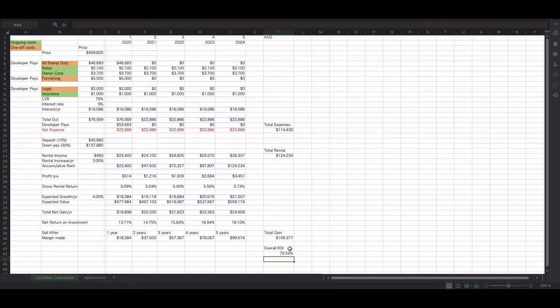So after 5 years, if we sell this apartment, the profit margin that we make plus the cash flow together give us close to 80% overall return on investment. Okay, so that's for the 5 years. Now, if we average this number over the 5 years, it would be something like 16% return on investment every year, which is a huge return on investment.